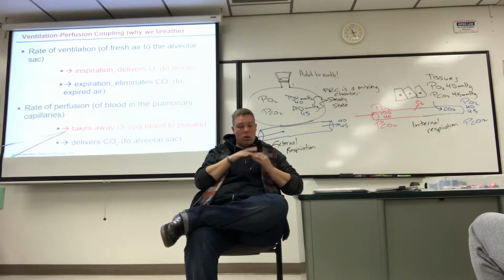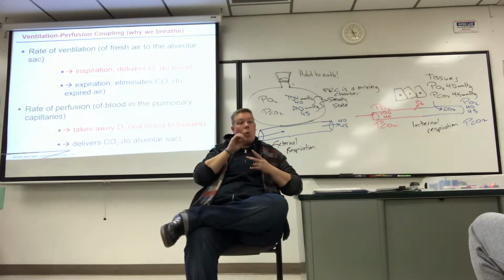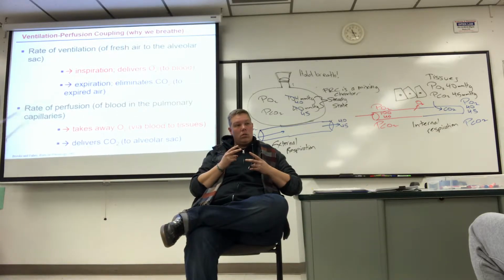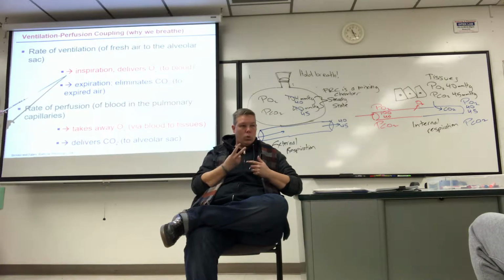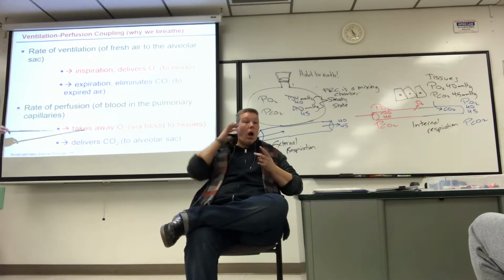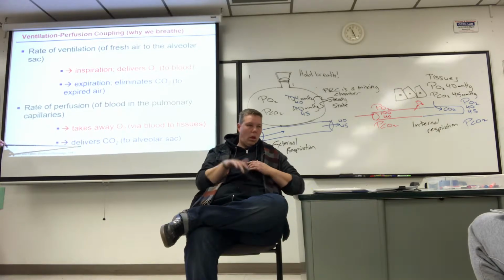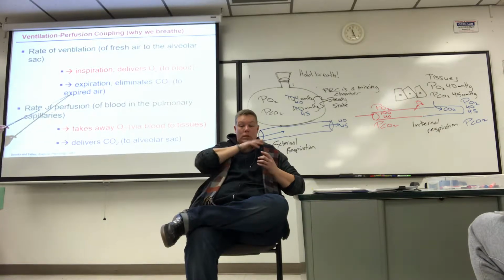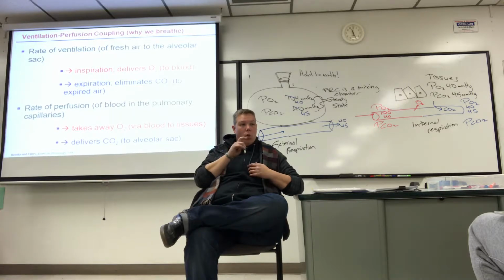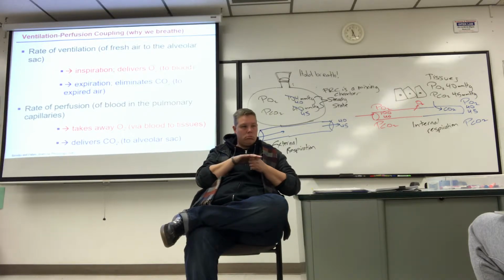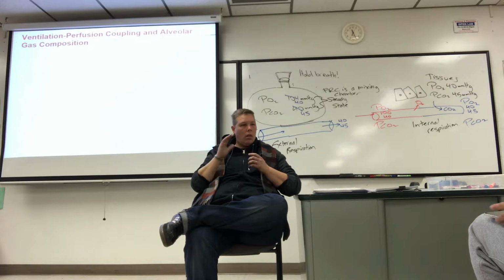The goal is to take away that O2 and to dump the CO2. So they have to work together. You deliver the O2 to the alveolar space so you can take it away in the blood. To keep that tightly coupled, I gave the hold your breath example.